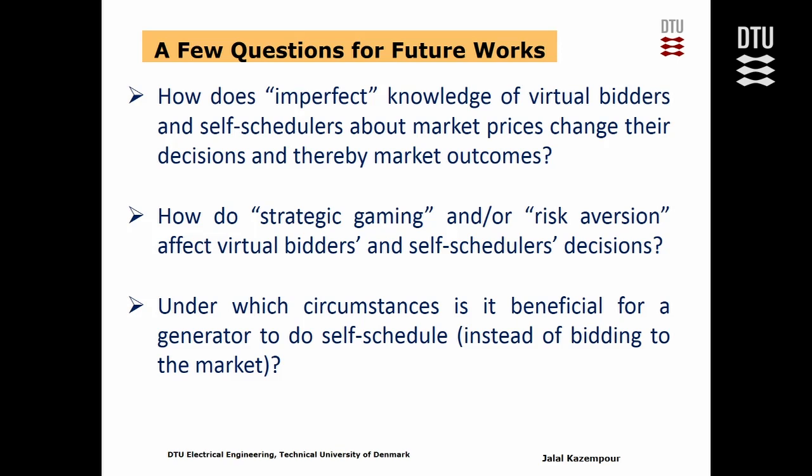What happens if self-schedulers or virtual bidders are strategic? Should we model by Cournot or Bertrand or a supply function game or whatever? Or what happens if they are risk averse? How do we model the risk aversion of the self-schedulers? And under these two setups, as a generator, what's your best decision? To go to the market or to self-schedule?